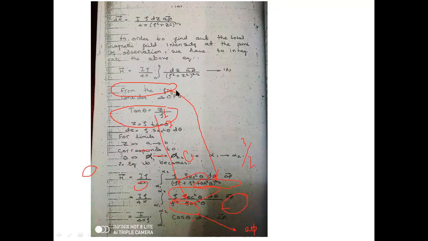Now if you want to convert it into the spherical coordinate system, because the angles and the lengths are not given, considering the right angle triangle, I will show you in the figure. So we will take the help of this right angle triangle.